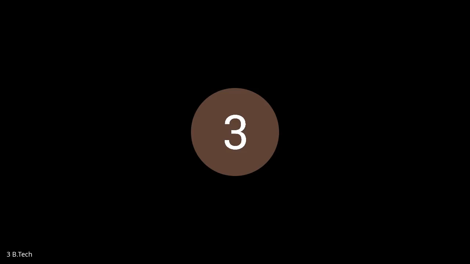To increase the output strength, we use another amplifier, the complementary push-pull amplifier. Here we can use a class A amplifier, class B amplifier, or class AB amplifier.